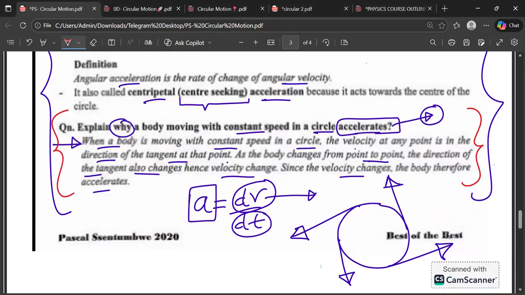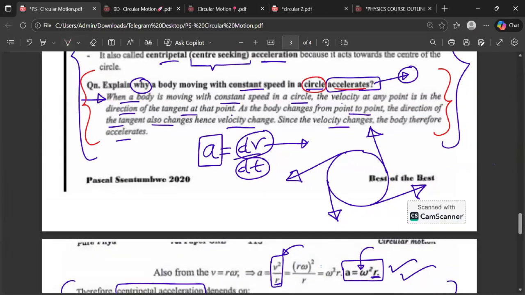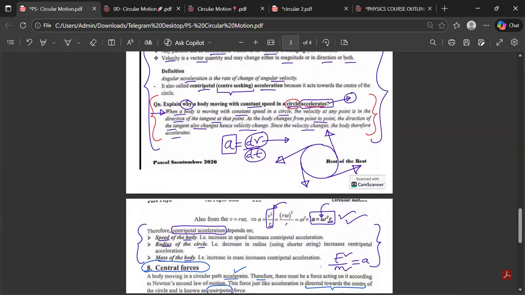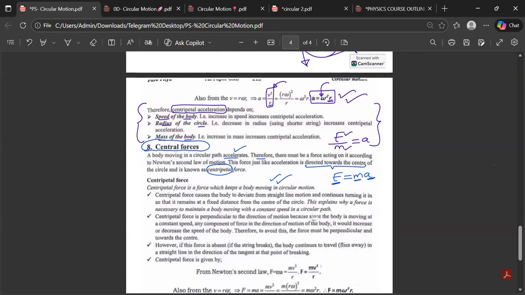Did you understand it when I was explaining? I understood. It is the same thing. Don't you see that? Explain why a body moving with a constant speed in a circle accelerates. So it is the same statement. There they are saying that a body moving in a circular path accelerates. Then there we explained why it accelerates. Okay. Now I'm understanding.